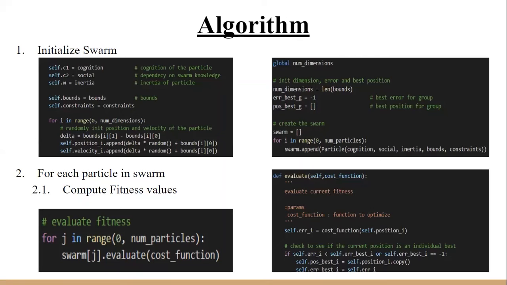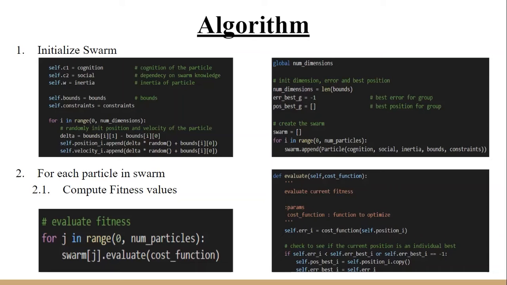First we start with initializing the swarm. How is the swarm created? For the swarm, we need particles, and for the particles we define a particle class with various features. Each particle has its cognition, which is its own intelligence, how much it is affected by its own knowledge and facts.